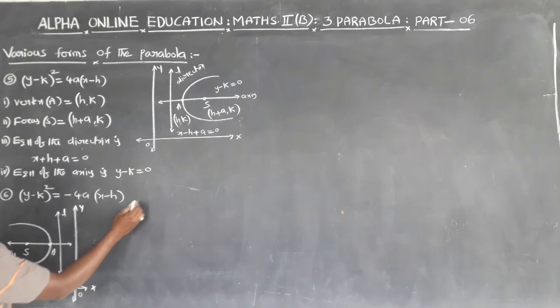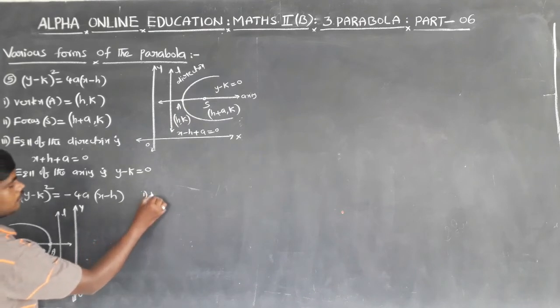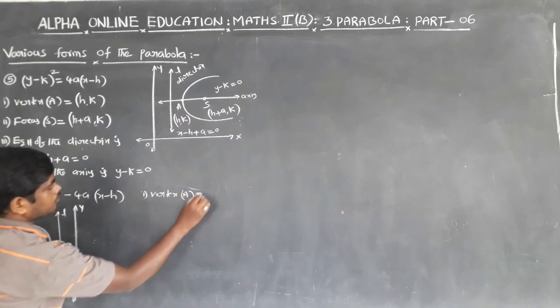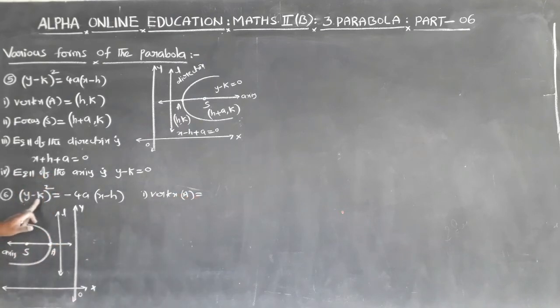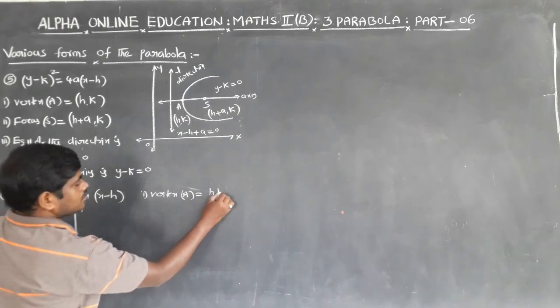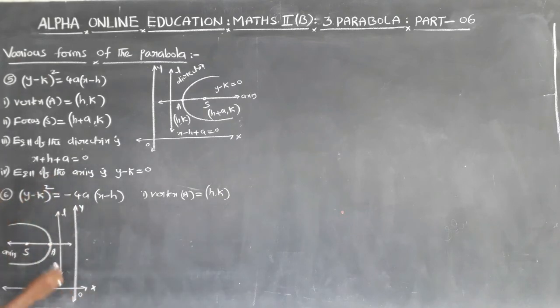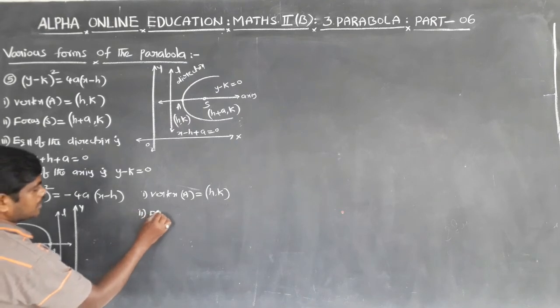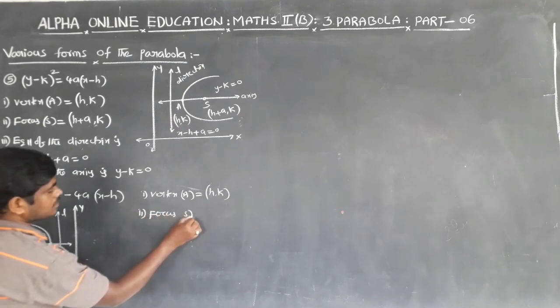Number one, vertex. Vertex of the parabola y minus k whole square is equal to minus 4a into x minus h is h comma k. Second one is focus.